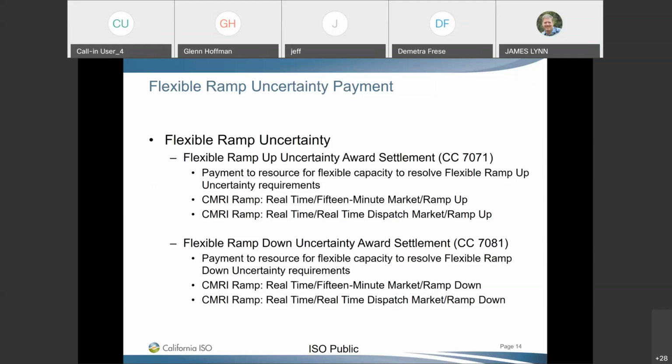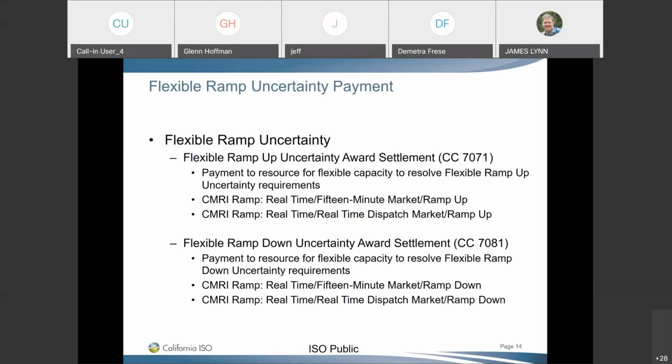So when you're looking at these uncertainty award settlements, you may see that you got paid in one market interval, but then charged back in the RTD. And that's because your opportunity cost was going to be picked up by the energy payment you receive for being dispatched.